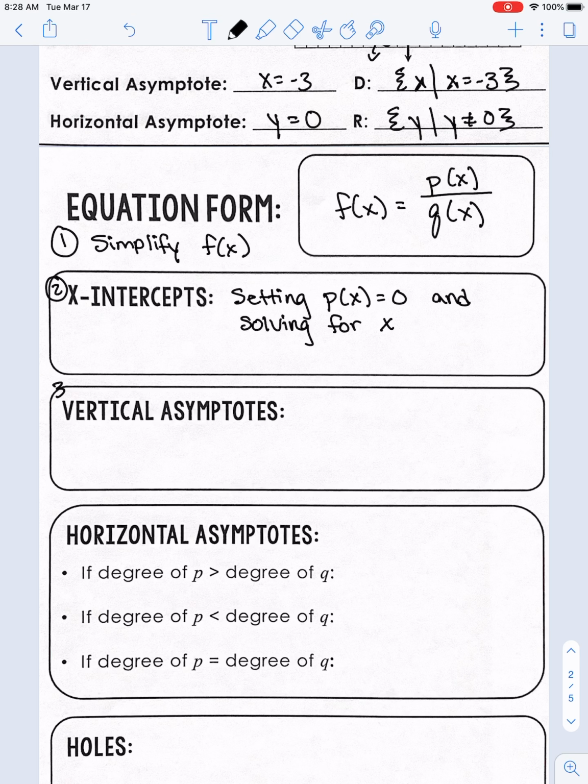Step 3, your vertical asymptotes, you find by setting q of x equal to 0 and solving for x.